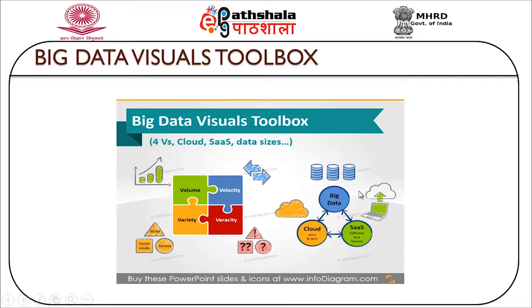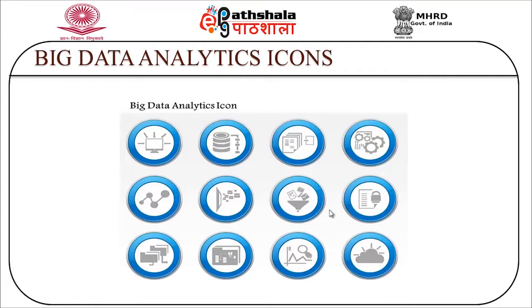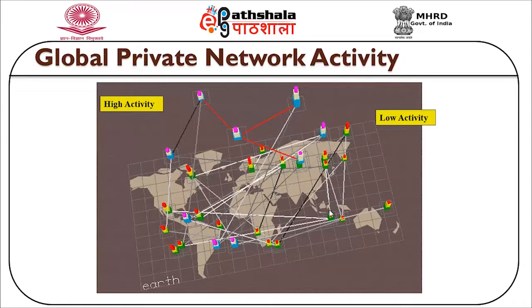Similarly, big data is usually stored in the cloud with the help of software as a service vendors, who provide software as a service or storage as a service, wherein it is possible for us to store our big data in the cloud. These are certain big data analytics icons that are being used. These are certain examples of big data visualization.